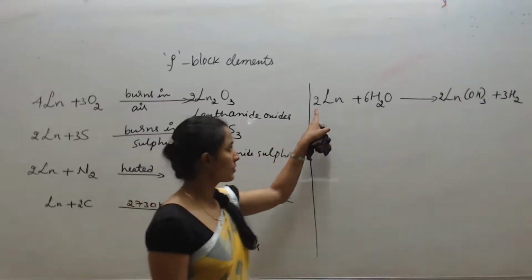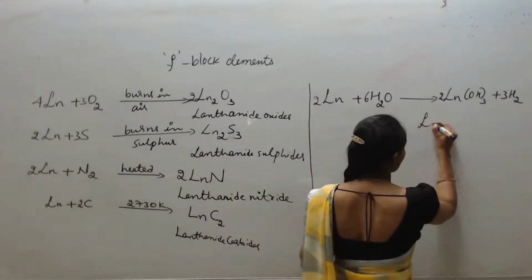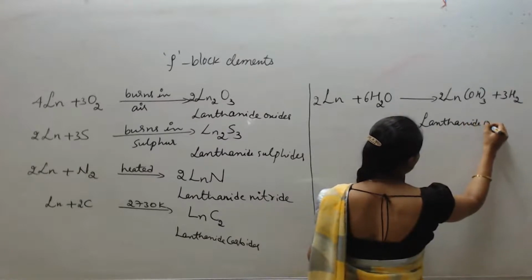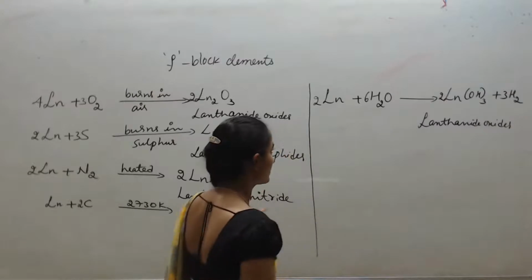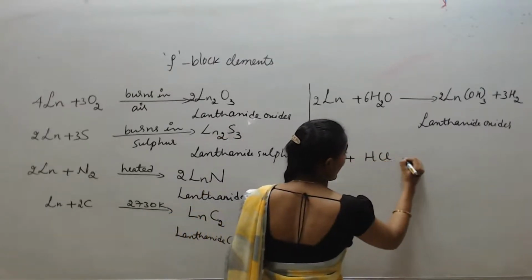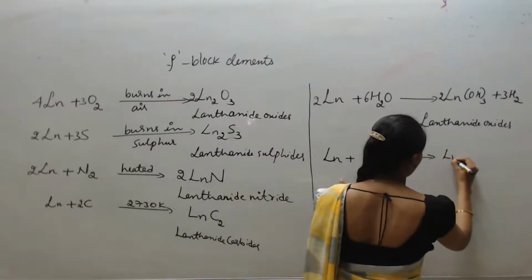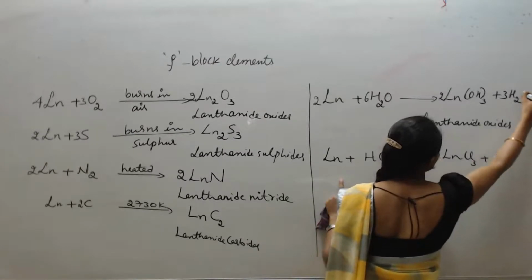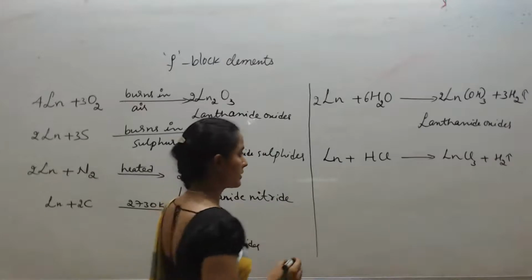This is the reaction: lanthanum treated in the presence of water forms lanthanide hydroxides. Another one is that lanthanides are treated with acids. They form LnCl3 plus H2. They liberate hydrogen gas when they react with water as well as when they react with acids.